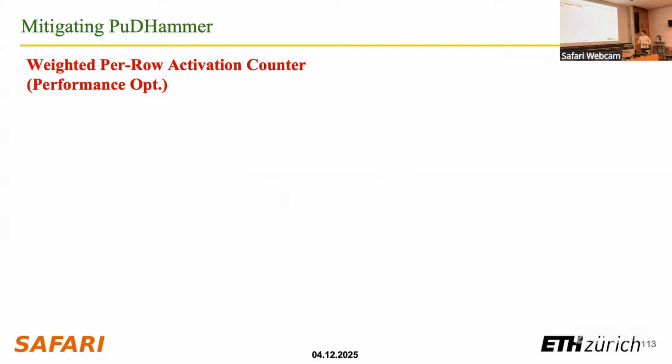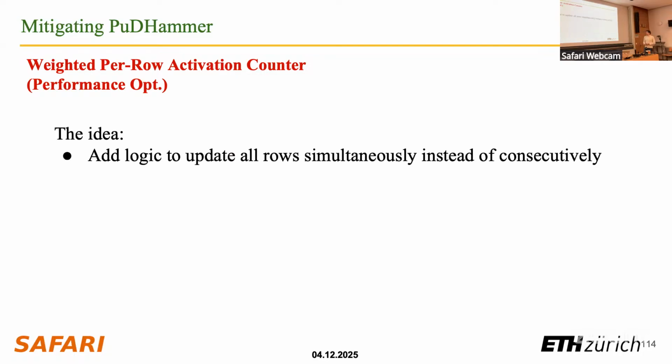So in the paper, they propose a performance-optimized weighted per row activation counter. Performance optimized here means that instead of consecutively updating all the counters, they updated them at the same time. So this adds some area overhead, but since they simulated it later, this was not much of a concern.